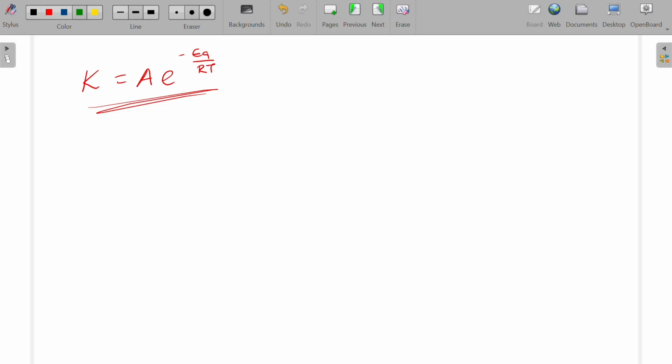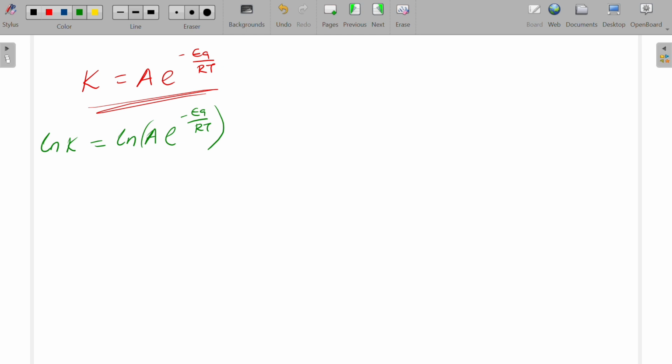So we have ln k = ln(A e^(-Ea/RT)). It's natural log of everything that we have there.